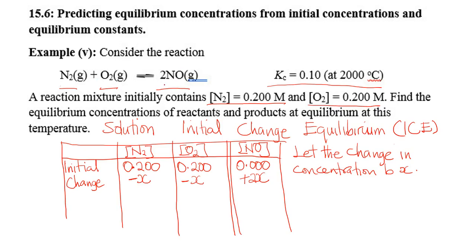This nitrogen monoxide is gaining because it is being formed. That's why I have plus here. So I will draw a line separating initial and final, and also separating change. Now, what would be our equilibrium concentration?